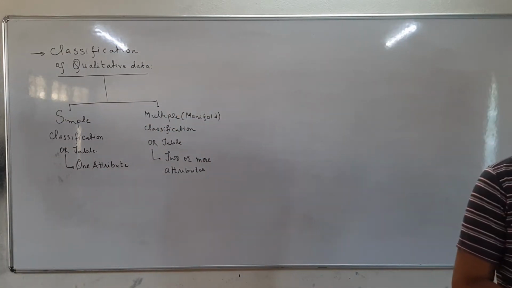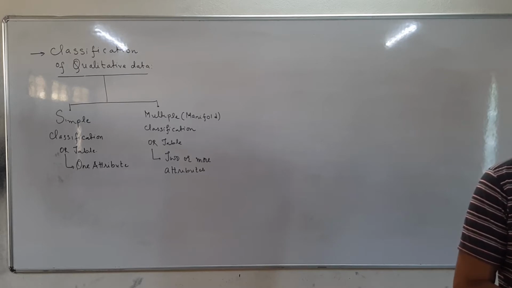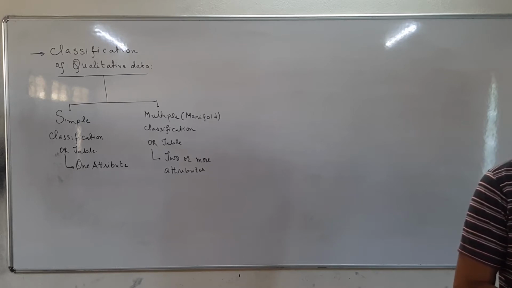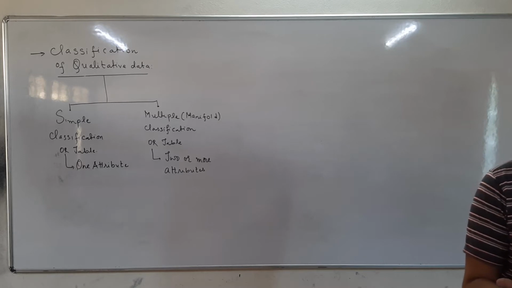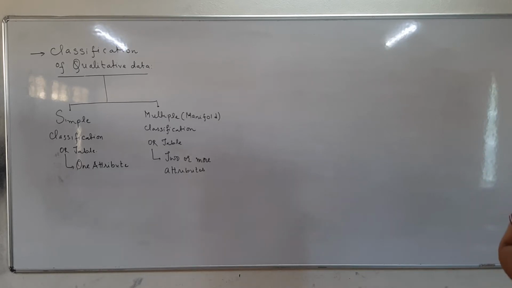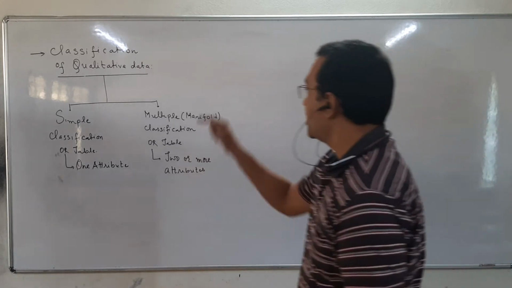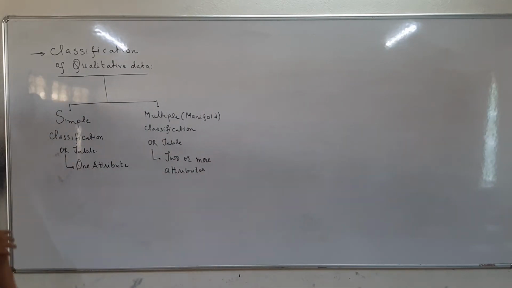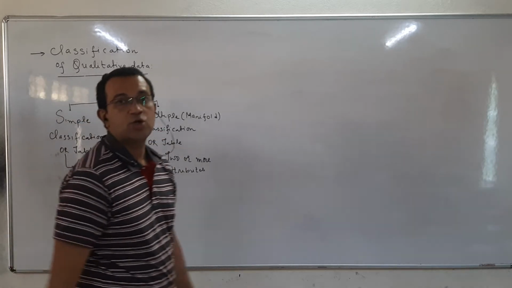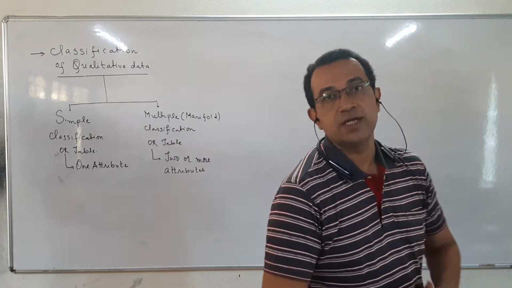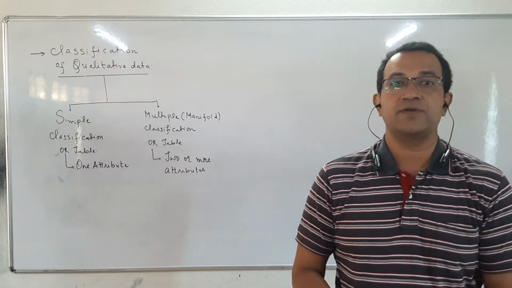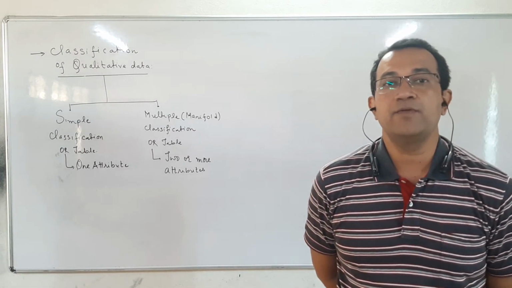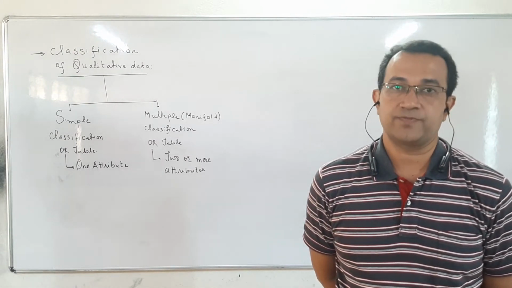So there are two types of classification in the classification of qualitative data: first is simple classification and second is multiple classification.